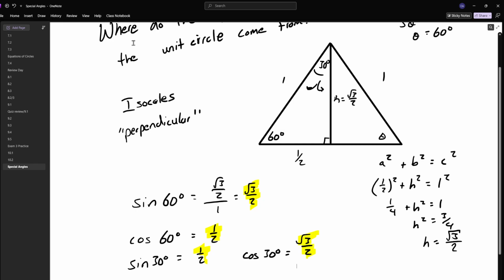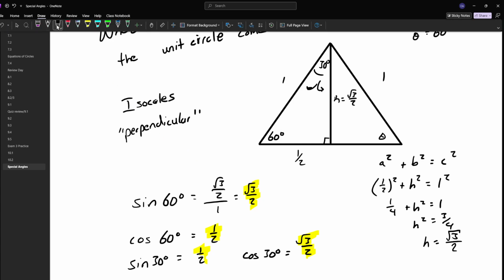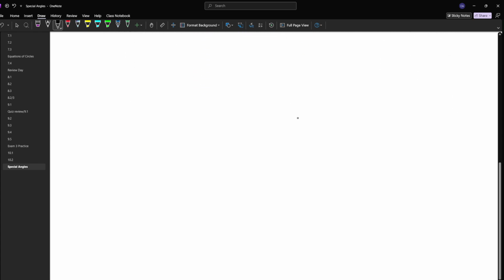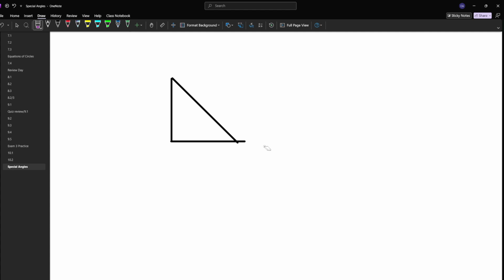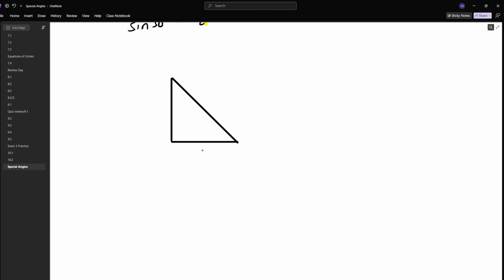The only other angle that we look at is 45, and you can do this in a very similar way. What you end up doing is not drawing an equilateral triangle, but drawing a right triangle whose legs are equal to 1. So these legs are equal to 1, and this is a right triangle.